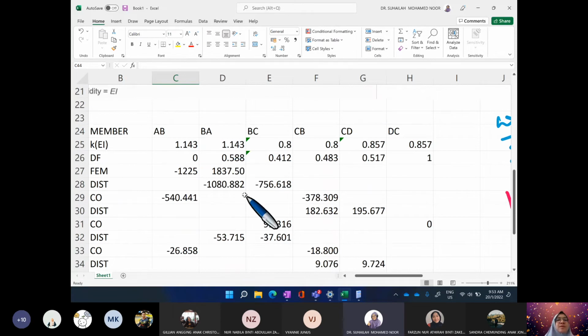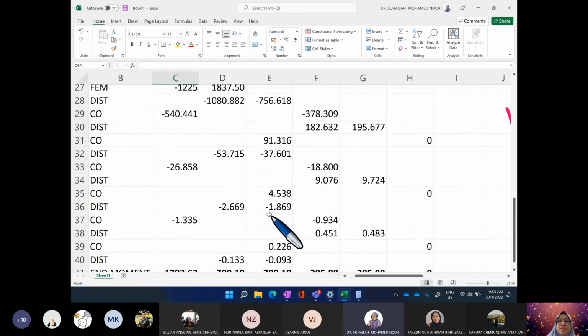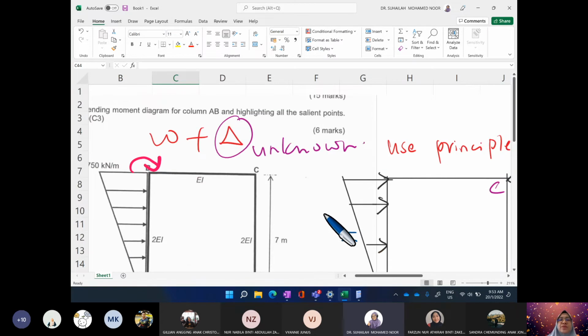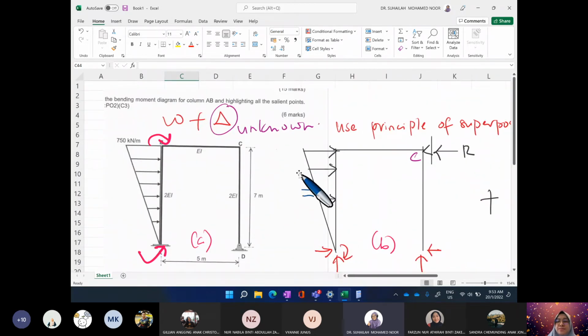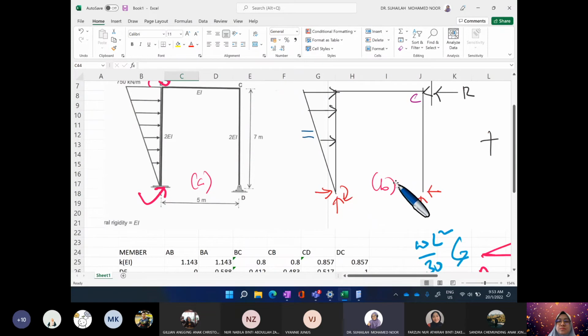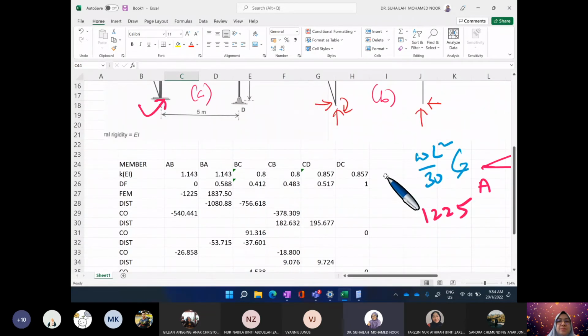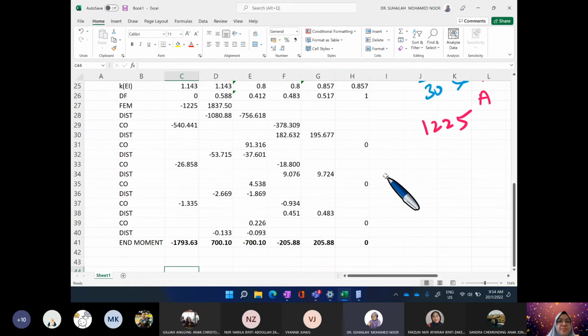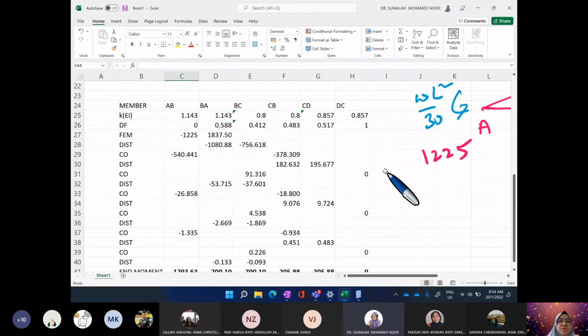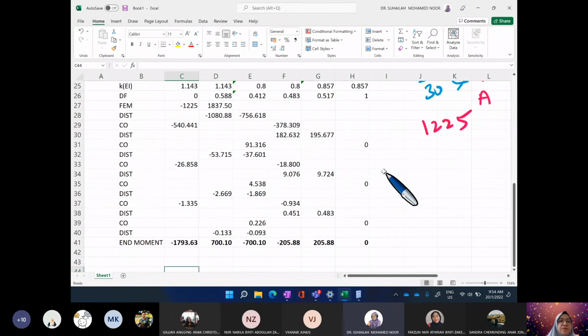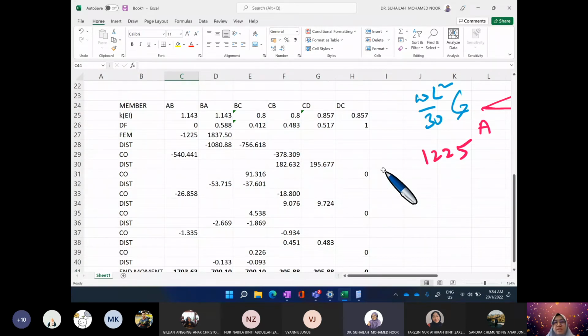Okay, so do you have any question regarding this? So, okay, I will continue to analyze table number 2, the sway frame, FEM due to delta, which will be made from an assumption of FEM value, because we don't need to calculate the delta value, but we have to make an assumption for some reason.